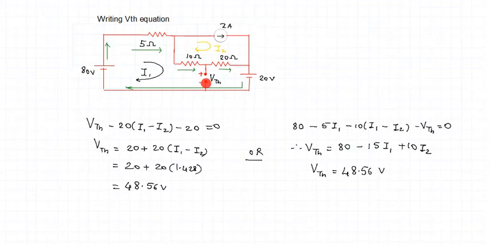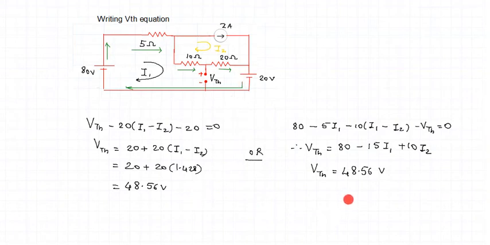This is the loop equation if we consider the larger loop. Substituting I1 and I2, we get VTH to be 48.56, which is similar to the first case. So either you find VTH using the smaller loop or the larger loop, and in both cases the equations result in a similar value.